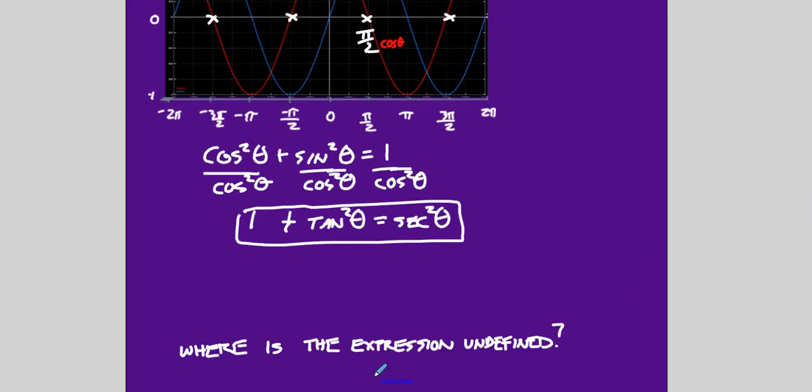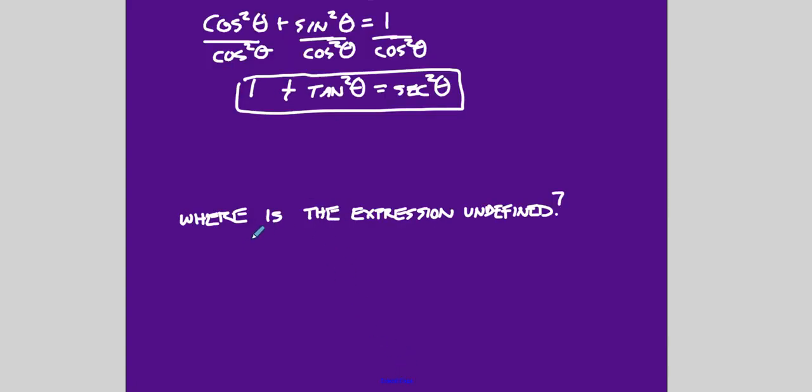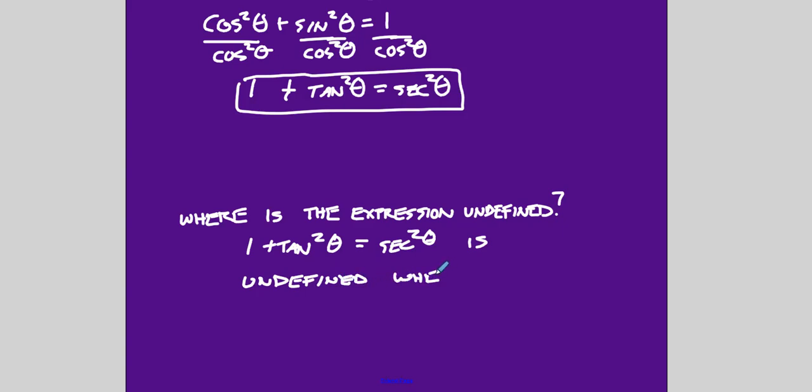So we say that 1 plus tan squared theta equals secant squared theta is undefined where cosine theta equals 0.